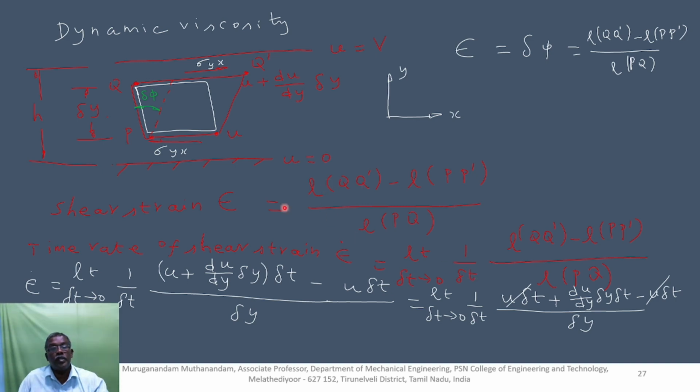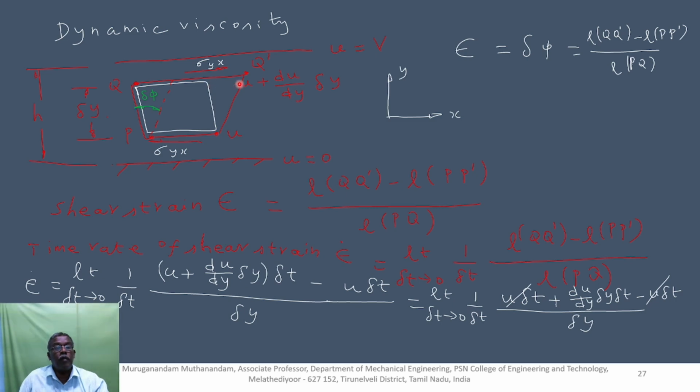The rate of change of shear strain with respect to time, where limit delta t tends to 0. We know from the definition that the length Q, Q dash is u plus du by dy into delta y multiplied by delta t.